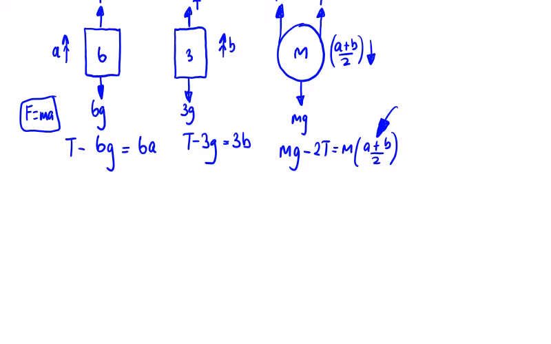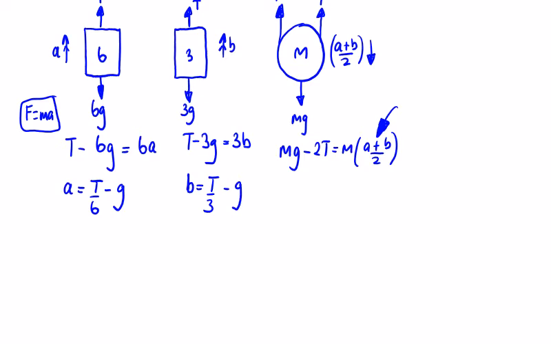So in this case, A is equal to T over 6 minus 6g over 6, which is minus g. Here we have B is equal to T over 3 minus 3g over 3, so minus g.